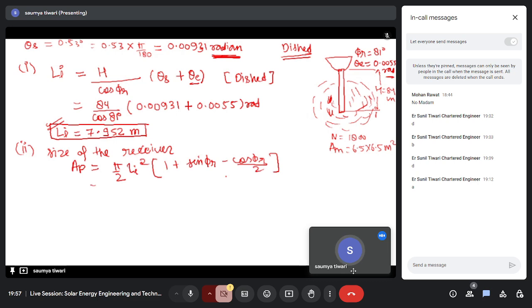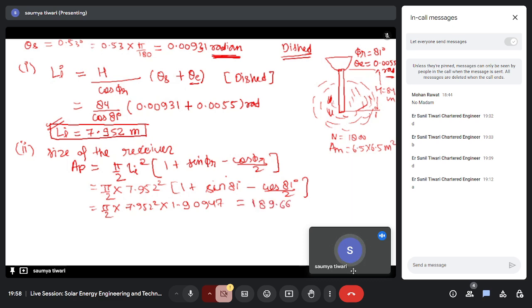So if we put the value, it will be pi by 2 into 7.952 square into 1 plus sine 81 minus cos 81 degree, divided by 2. I will solve this. This will be pi by 2 into 7.952 square into 1.90947, or it will be 189.66 meter square.